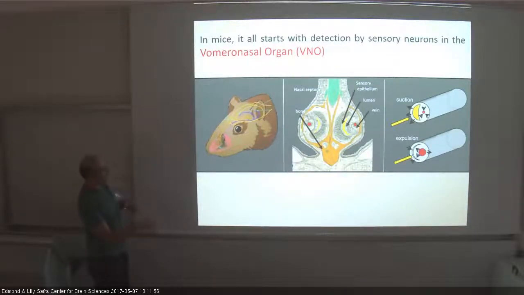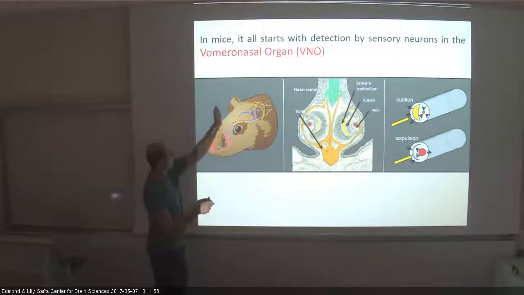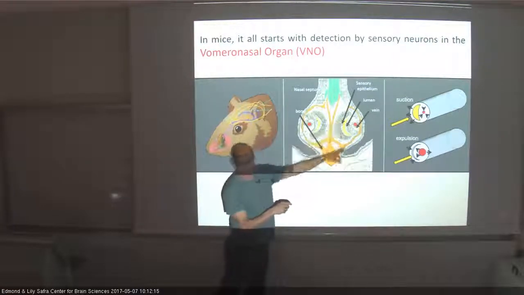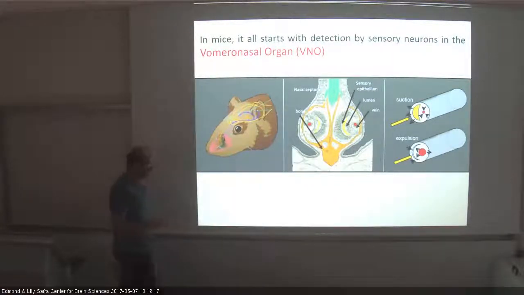Here you see a coronal section. So we're making a cut like this, and we're looking at the floor of the nasal cavity, and this is the midline right here. You see that there is this bilaterally symmetric structure which contains two VNOs. So one of these tubes you're seeing right here.